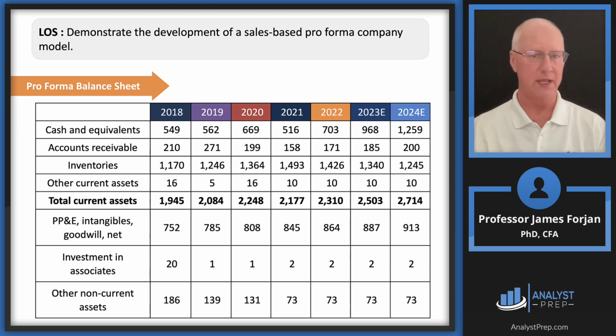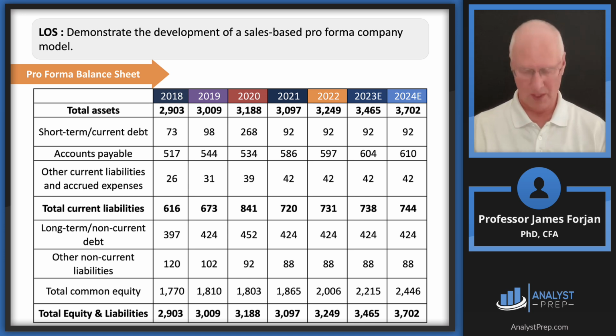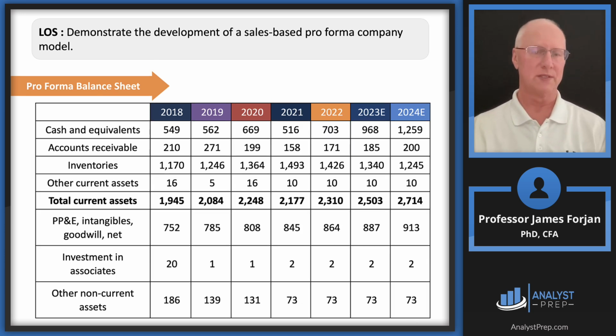So you get 1945 in 2018 current assets, and 752 and 20. We didn't have those before, right? Non-current assets. If you keep going down, we had some debt in a previous slide. Accounts payable, that was in a previous slide. So you get the total current liabilities. So boy, is this a really good question?